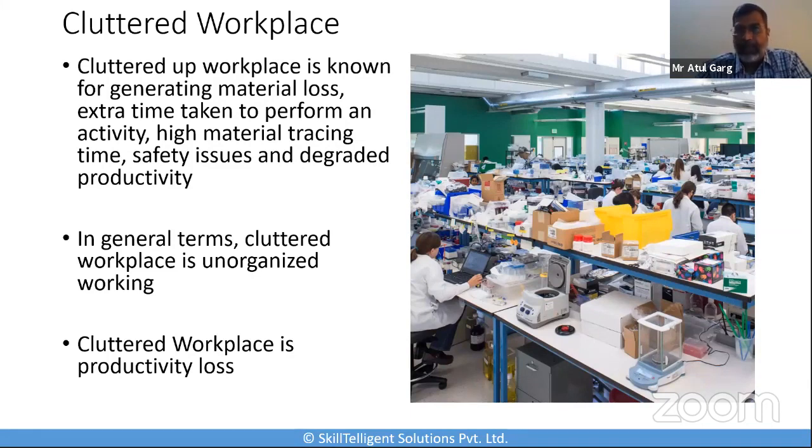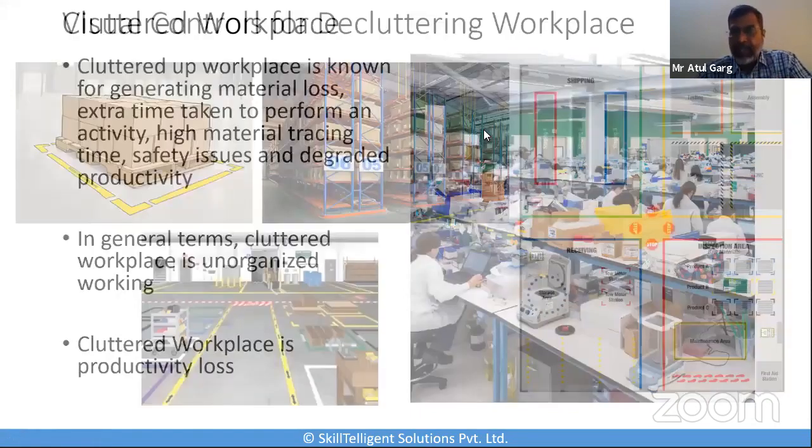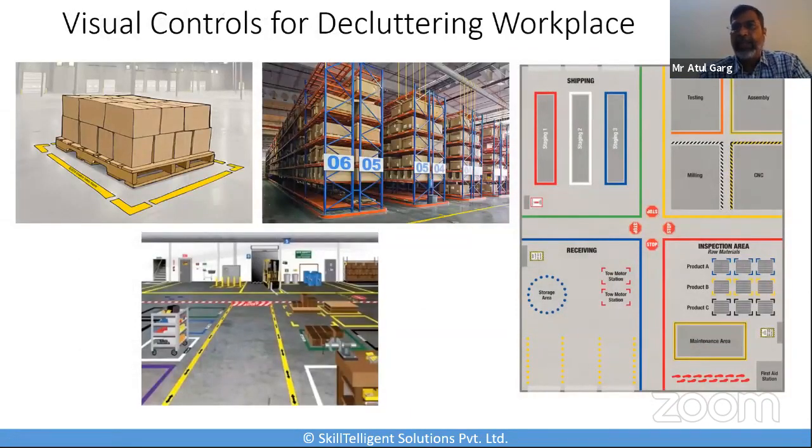It also results in safety issues and overall degrades productivity. In other words, a cluttered workplace leads to highly unorganized working and productivity losses. So that's his first attack area, where he wants to put in visual controls to declutter it.